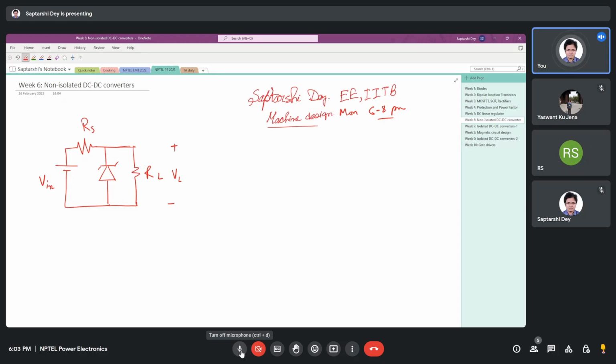That is the way they are calculating in the videos. By removing zener, they allow all the current from the source to flow through the RL, and for that current they calculate RL. Which value of RL, minimum or maximum? Maximum RL that we can connect here.